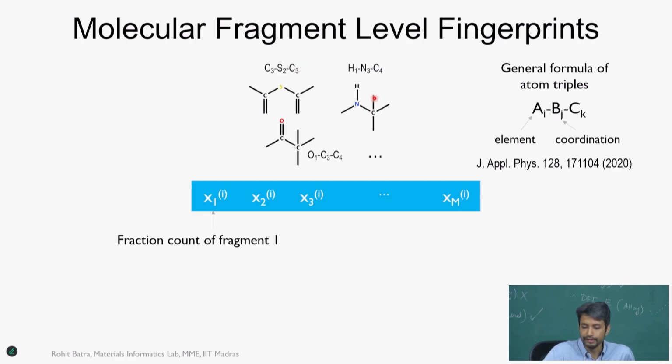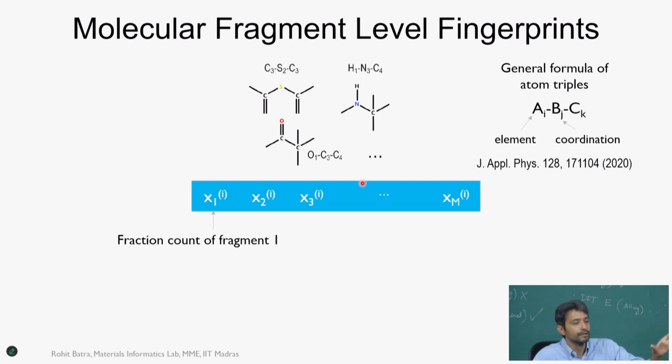In this case, H1N3C4, hydrogen will obviously be 1. N3 meaning there is no double bond associated with nitrogen because all 3 bonds are available, and C4 means that carbon is also all single bonded because 4 bonds are available. So this way they came up with different fragments and they just simply checked whether a particular fragment is present or not, and this is their fingerprint. This is a little bit similar to one hot encoding that we talked about, but this is one hot encoding at a triplet level.